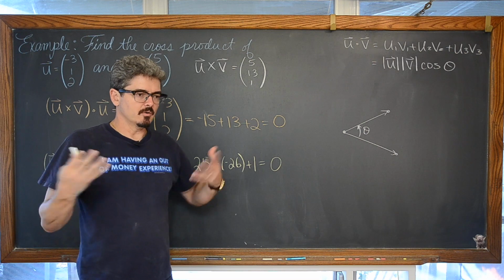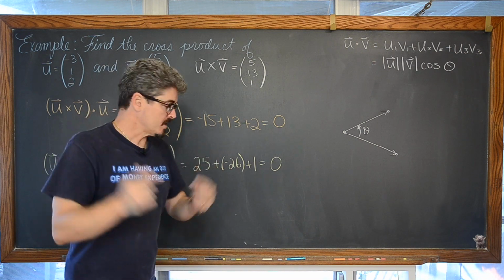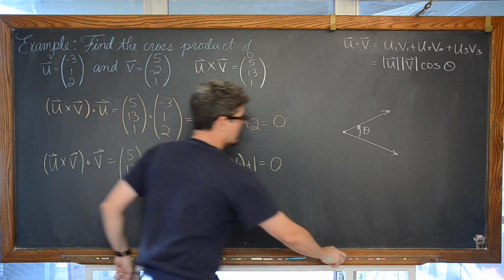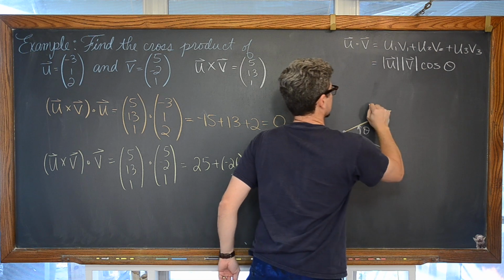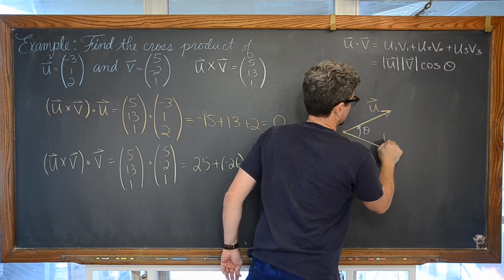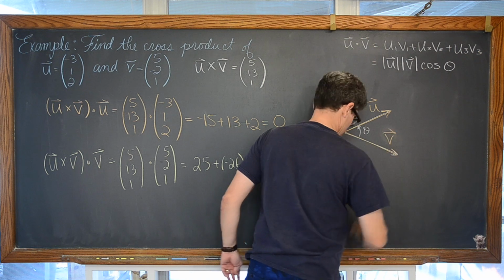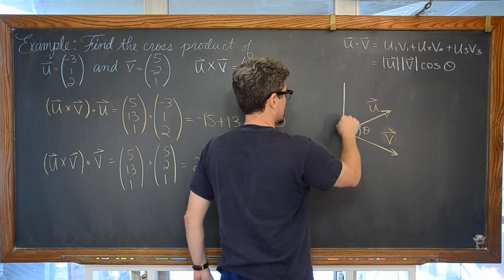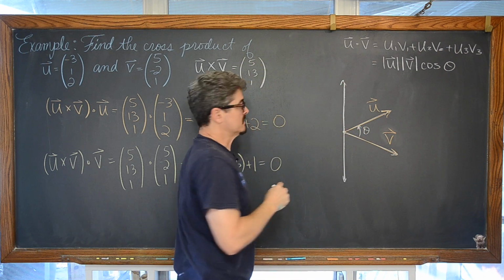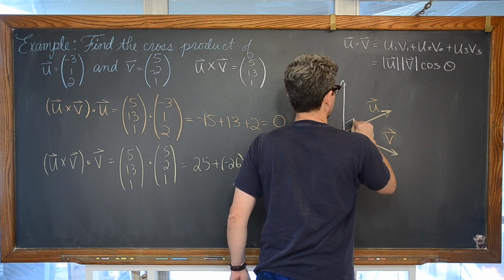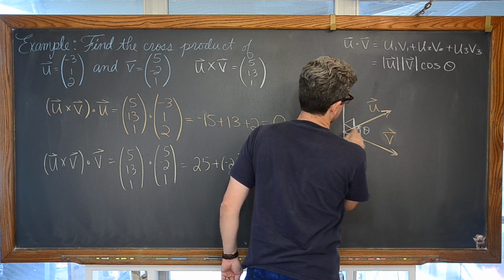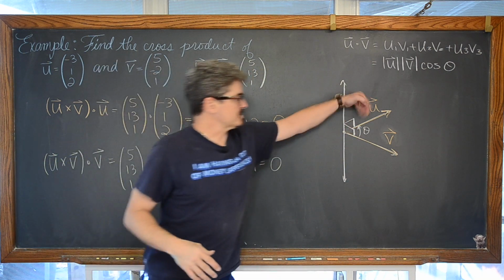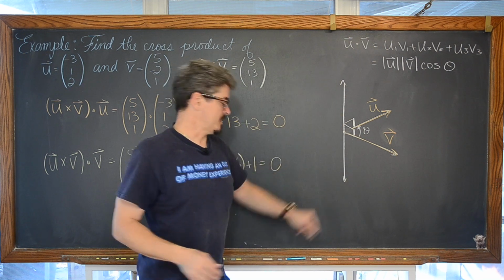A plane is two-dimensional, but your cross product, here in white, there's u, there's v, and here comes our cross product, which, as we just showed with the dot product being 0, is orthogonal to the two original vectors.